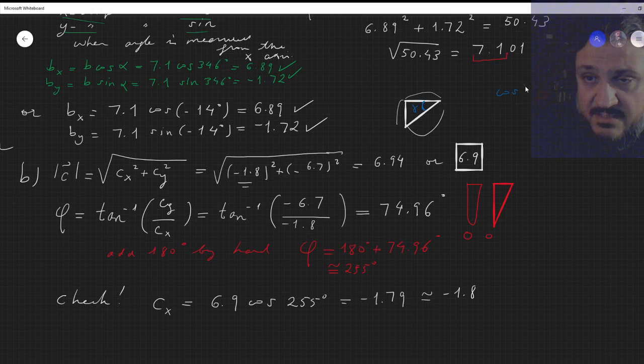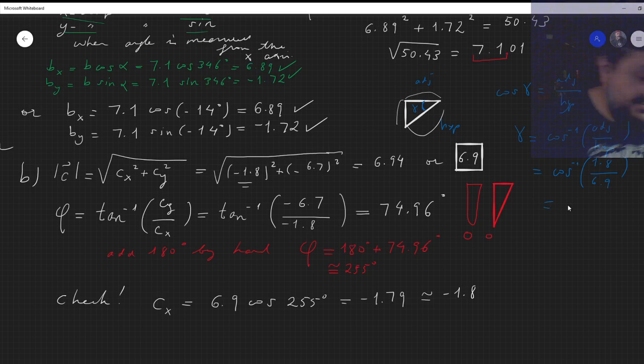So cosine gamma is equal to this side, which is adjacent, divided by hypotenuse, which means gamma should be the arc cosine of adjacent divided by hypotenuse. Adjacent means the length of this side of the triangle, that's this one, 1.8, and hypotenuse was the length of C, which was 6.9.